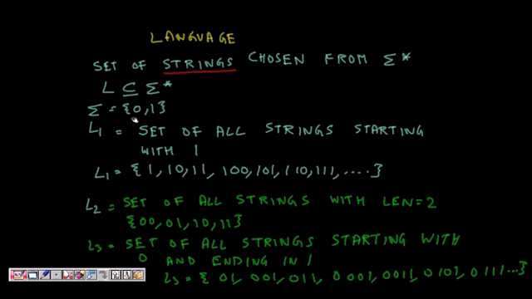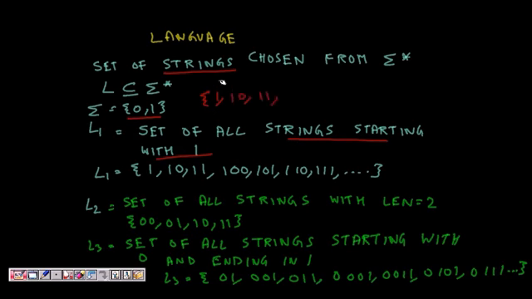Let's say sigma is 0 1. We have alphabet 0 1, it's simpler to take. So some examples of languages: L1 might be the set of all strings that start with 1. The first one can be 1, then we can have 1 0, 1 1.